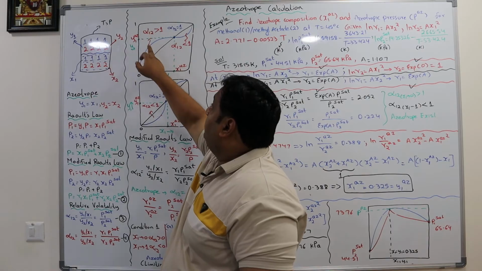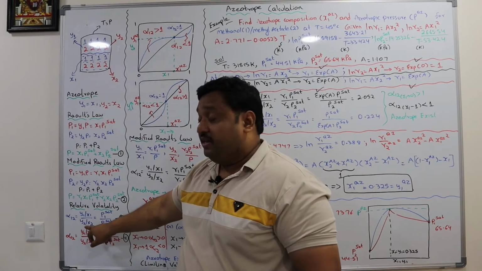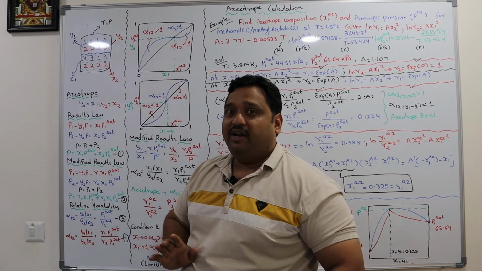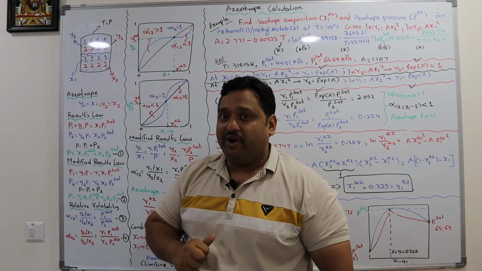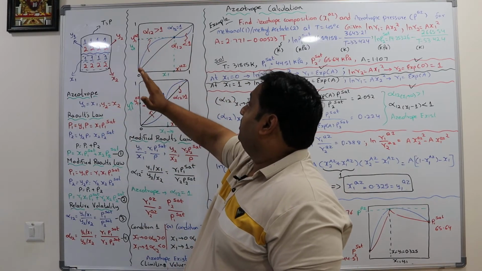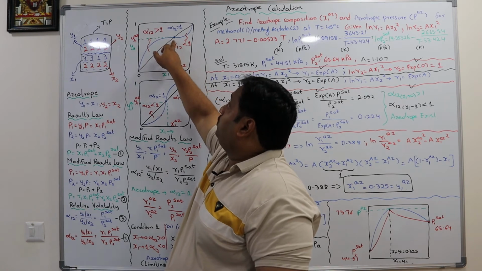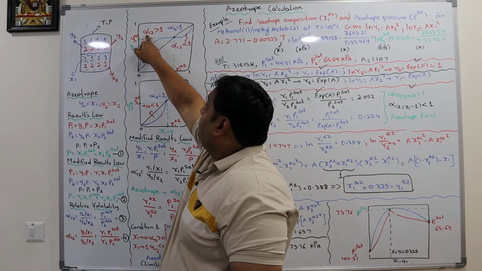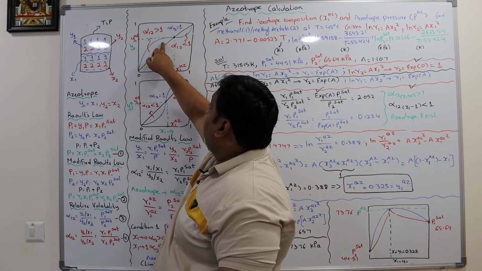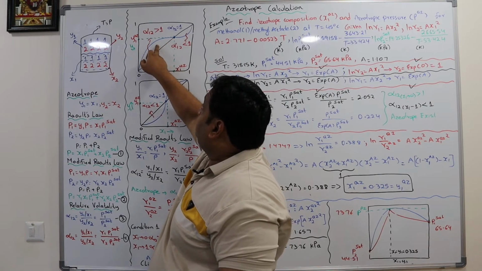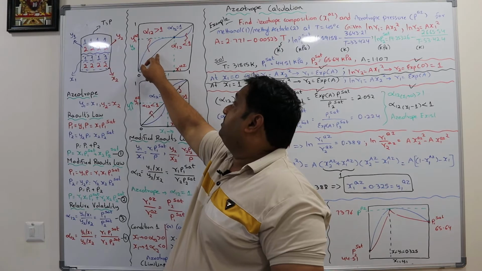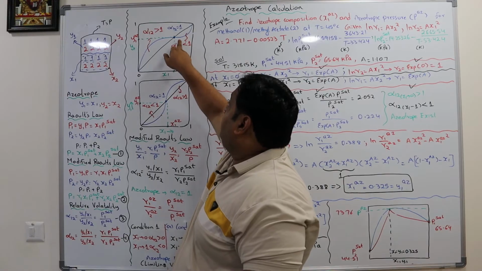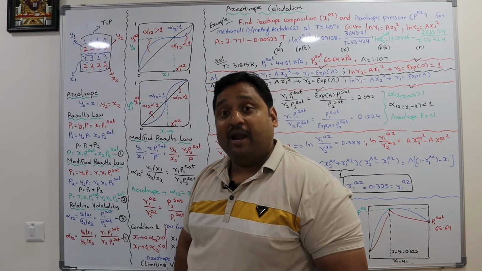Based on the relative volatility, we can identify exactly where the azeotrope is going to form. Let us take this first graph. On the left-hand side of this point, the curve is above the black line. That means the relative volatility will be greater than 1 if the blue curve is above the black line, and less than 1 if the curve is below the black line.